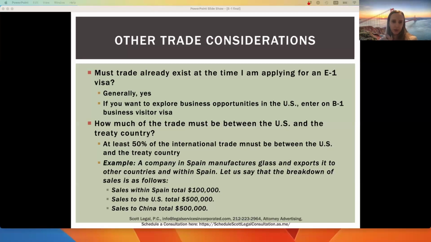In this case, because we only look at the international trade, we would disregard the sales within Spain because that's domestic trade. And in this case, the company or the individual could still qualify, because at least 50% of the international trade is with the US.